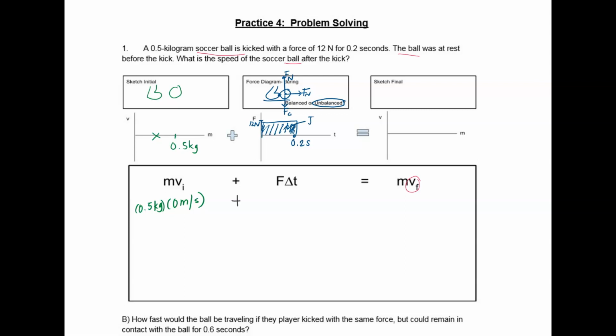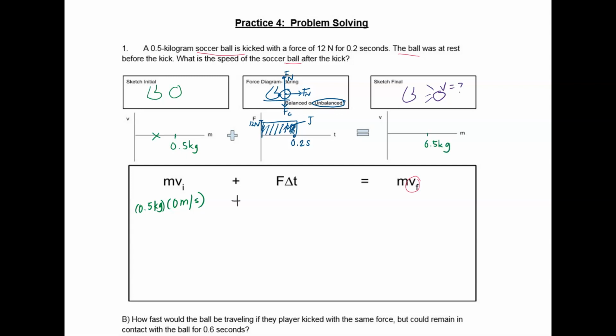Now our final, after the ball is kicked, so that means that the foot is no longer touching the ball. So that ball is now flying with a velocity of, we don't know. But it is still 0.5 kilograms.